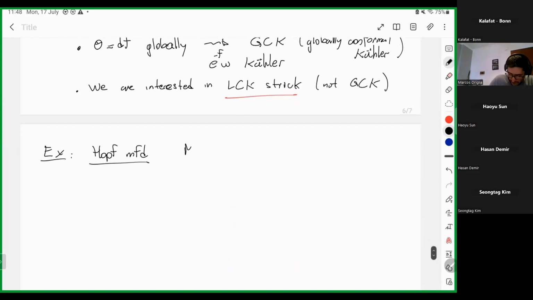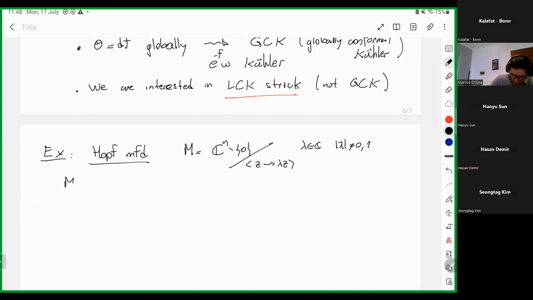A Hopf manifold is just C^n minus the origin, with the relation that we identify z with lambda z, where lambda is a complex number with modulus different from 0 and 1.